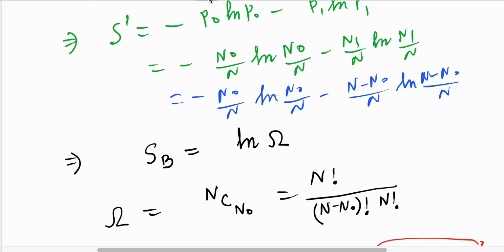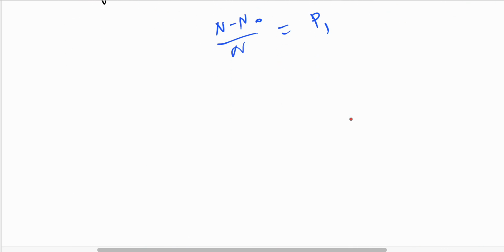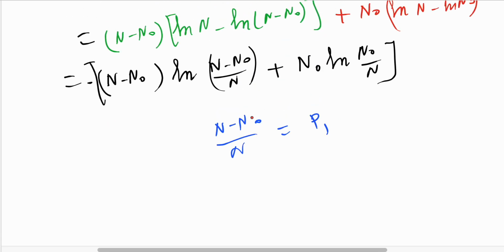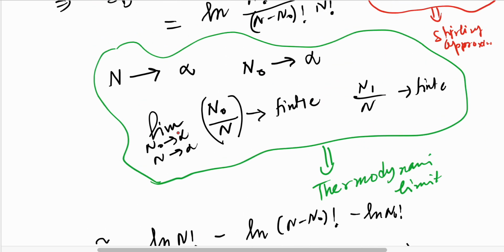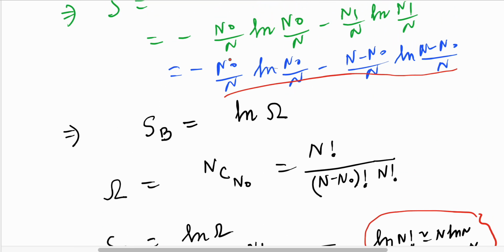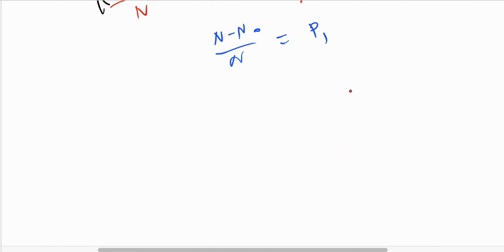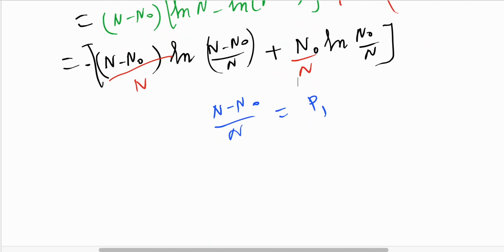So now you can see that this quantity and this quantity look exactly the same, except that a factor of 1 by n is missing in these two terms. So here 1 by n is there, but here the 1 by n factor is missing. Now what is the catch here?